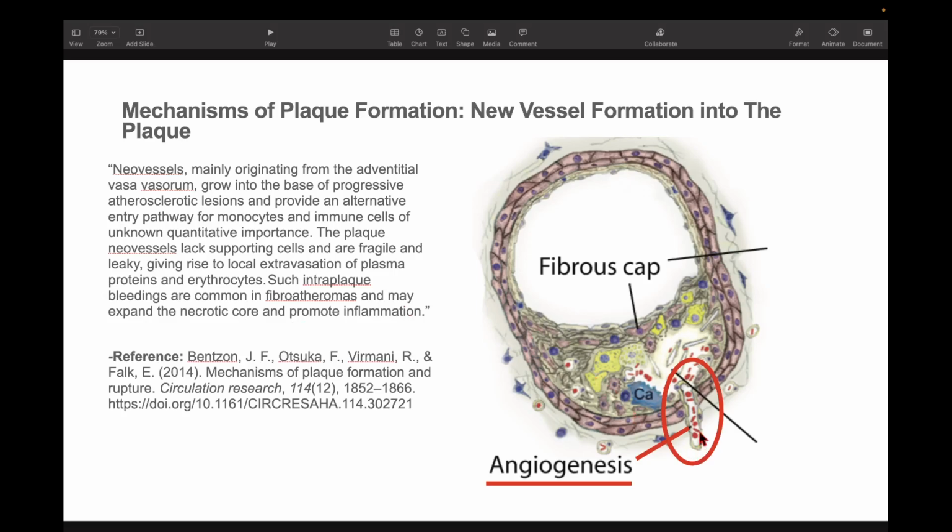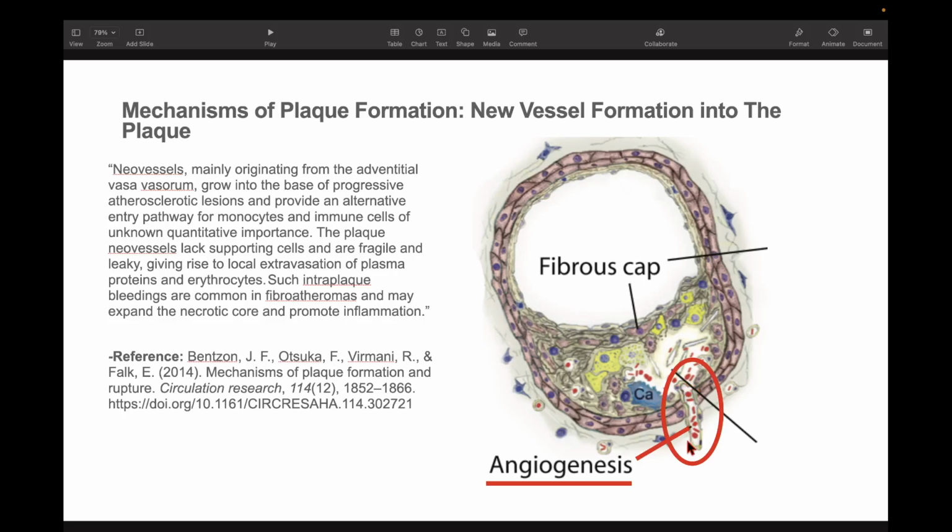So with all this dead tissue and these inflammatory signaling mediators, new vessels grow into the plaque to bring more immune cells and kind of solve the problem.